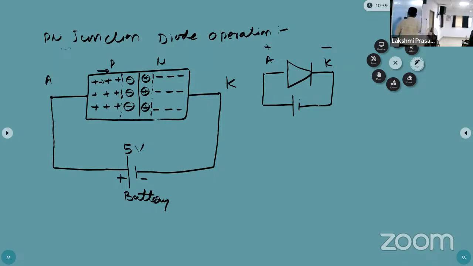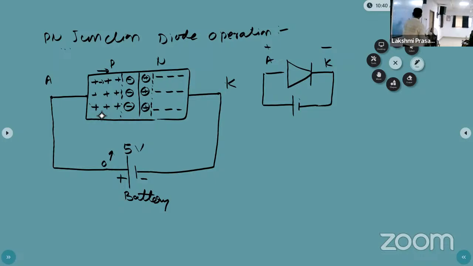Now you can increase the supply from 0. At 0 supply there is no change; there is no movement of electrons and holes, right? But you can increase the power supply. Now you can apply 2 volts or 1 volt. We are applying a small voltage here. Due to the small voltage, a few electrons with low pressure can move from P-type to N-type.